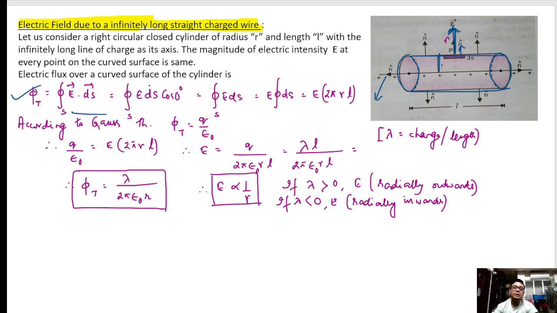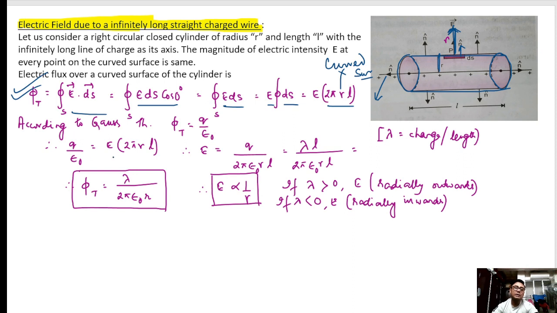It is 0 degrees. That is why instead of E dot ds, we write E ds cos 0, which is E ds. E comes out, ds is the total curved surface of the cylinder, 2 pi r l. So this is the flux we calculated.